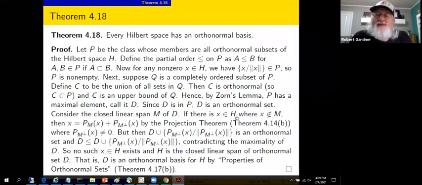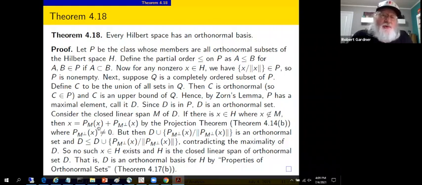If there's an X in the Hilbert space that's not in that closed linear span, X is not in M, then we can take X and write it as its projection onto M plus its projection onto M perp. The projection theorem lets you do that for any subset of the Hilbert space that's closed under scalar multiplication.